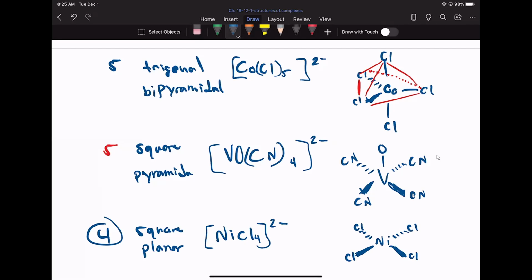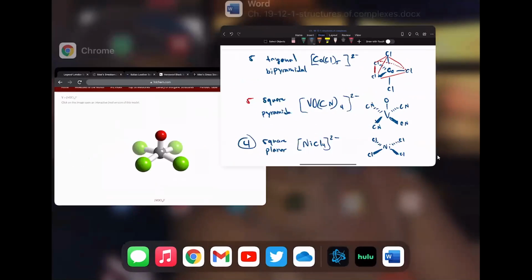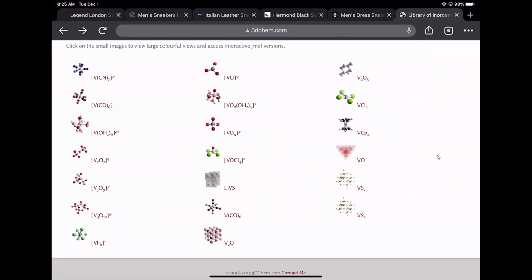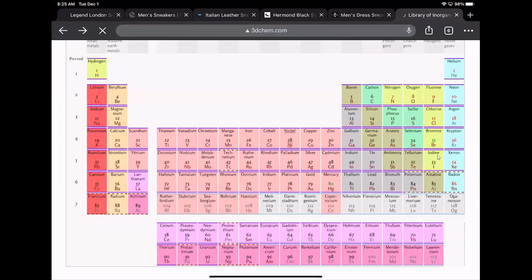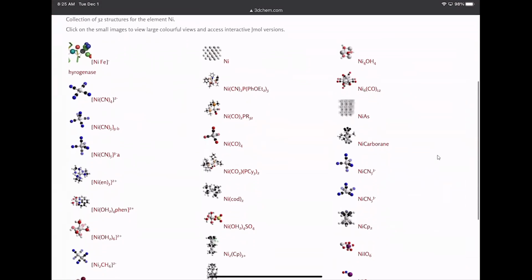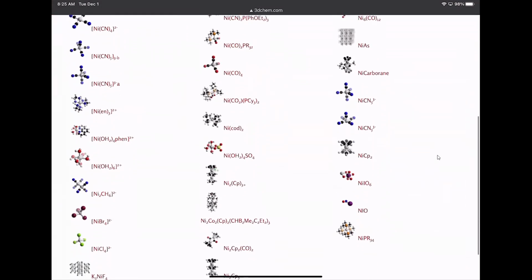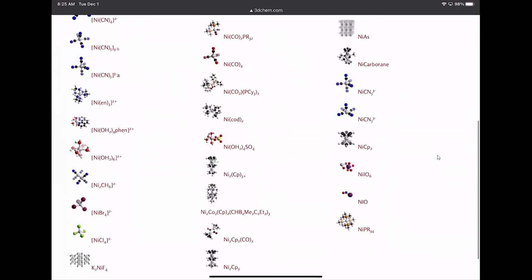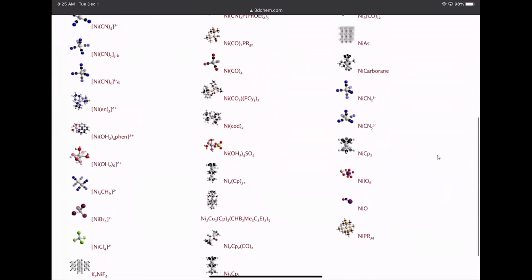So kind of look like the square pyramidal, except we don't have anything going towards the top here. So let's look at something. Looks like they're not using chlorine, they're using cyanide for this one. But we can still look at the structure.